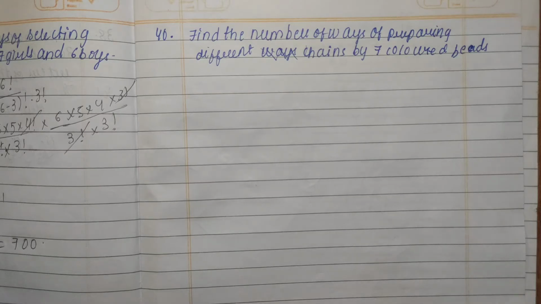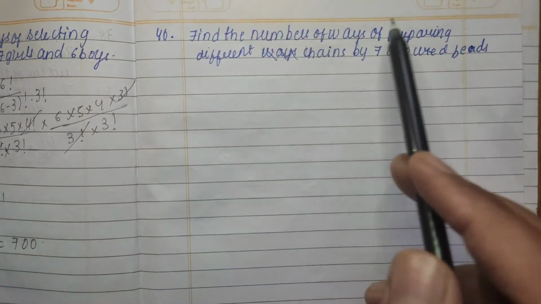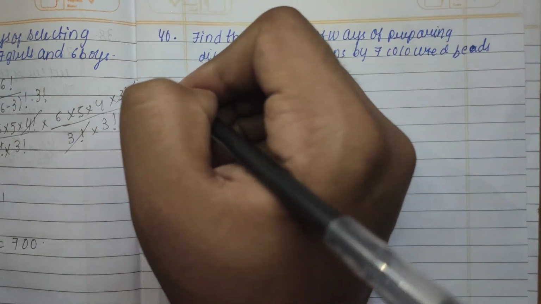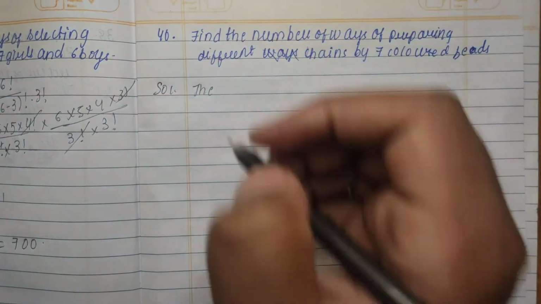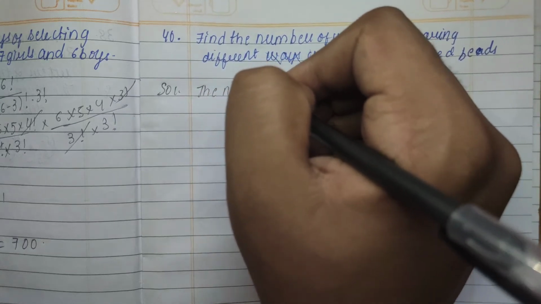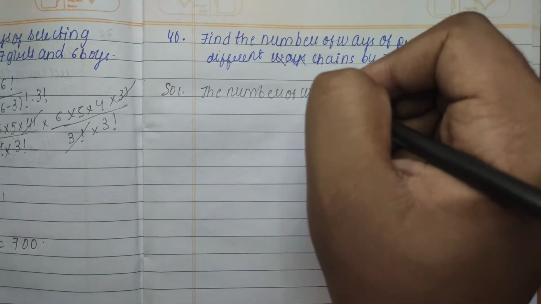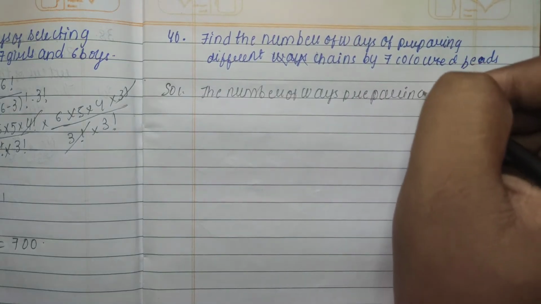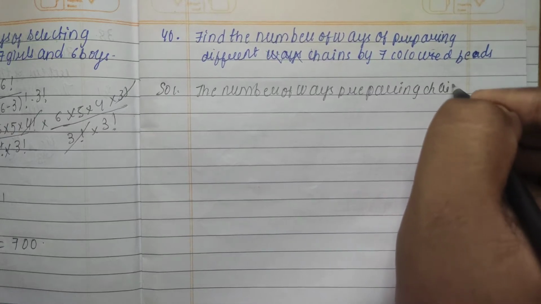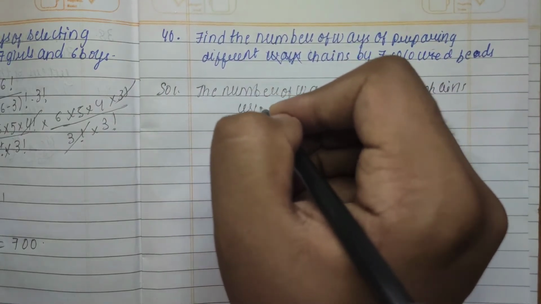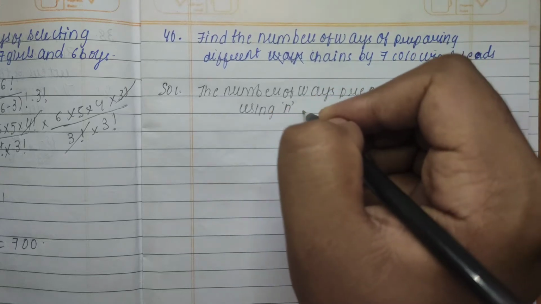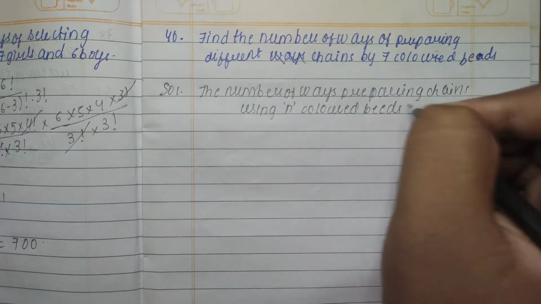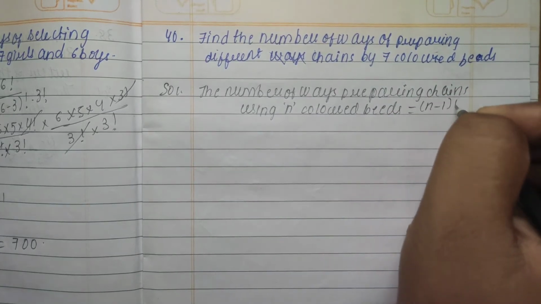So coming to the next question, it is given that find the number of ways of preparing different chains by 7 colored beads. Solution. The formula. The number of ways of preparing chains using n colored beads is n minus 1 factorial by 2.